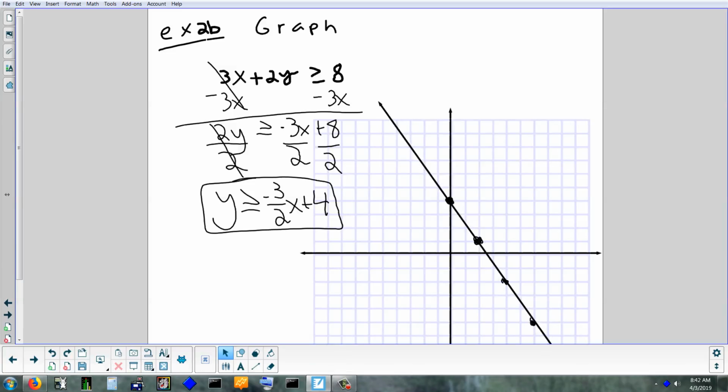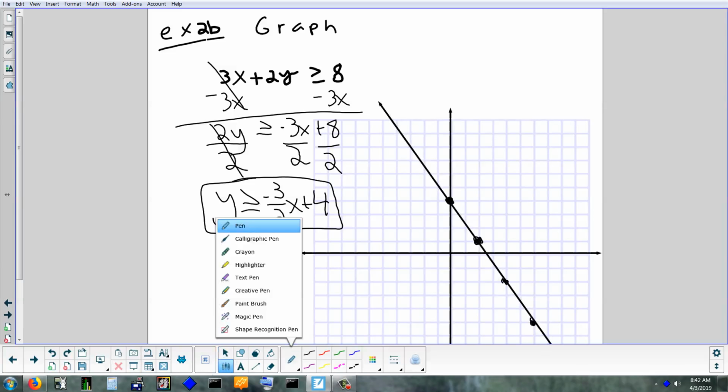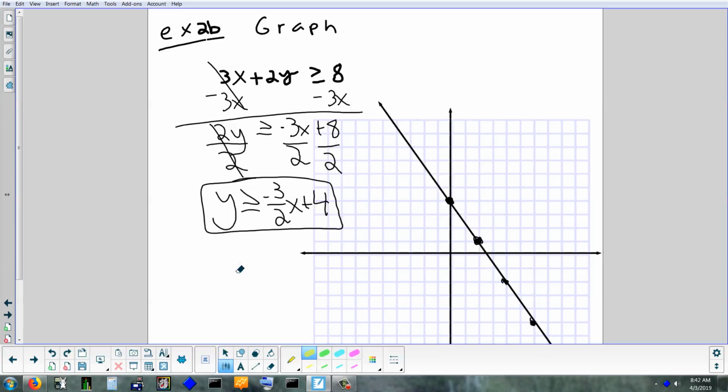Now, how about use of shading? Above. I'm going to shade above, right? Because it's greater than. All the numbers that are greater than are going to be up here. That's right. All right, and there's my shading.